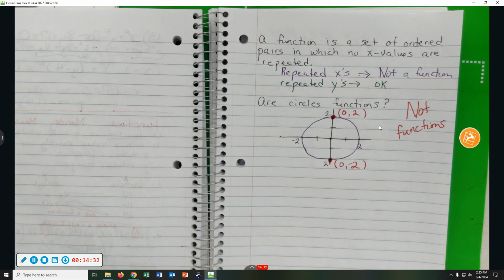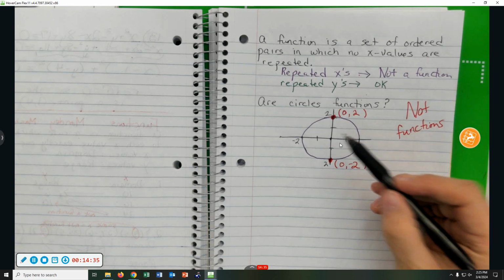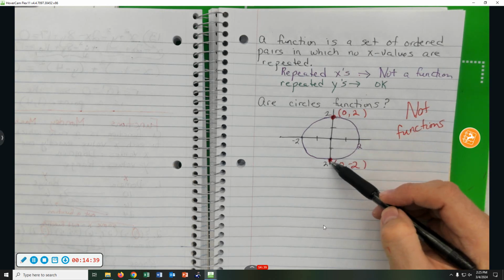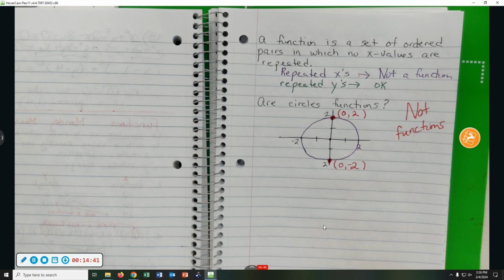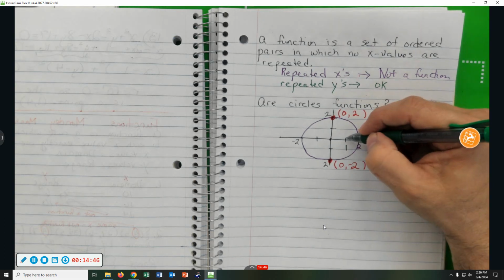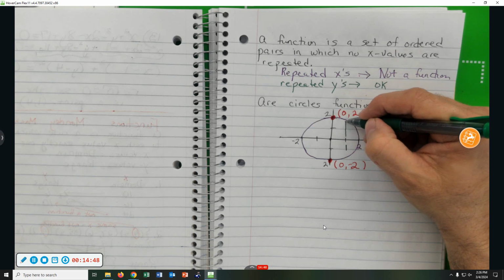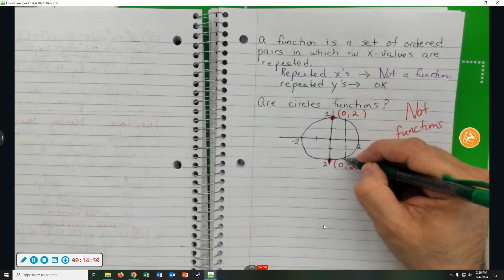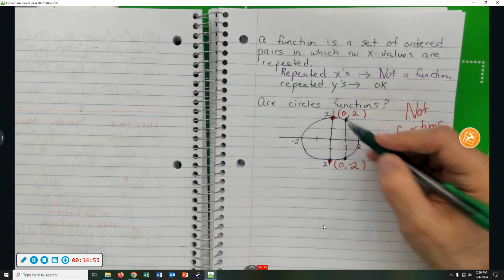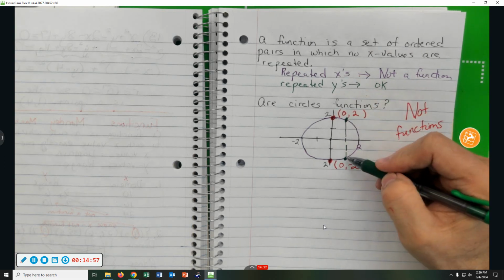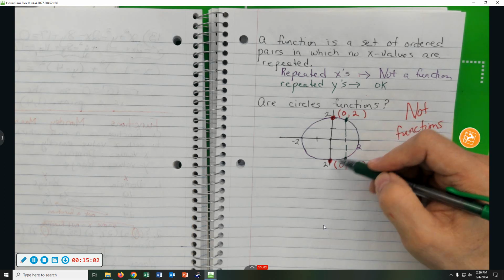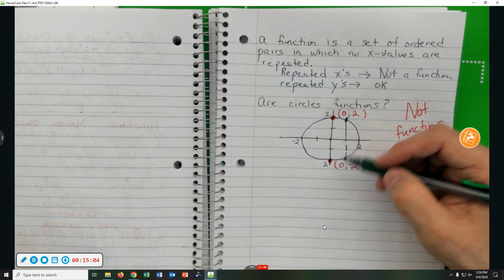And you can see that clearly because where that vertical line intersects the circle, you have the same x coordinate. Now, there's nothing really special about the y-axis. Right here at 1, if we drew a vertical line, see, both of these green dots, the green might look black. It does. Both of these green dots have what number as their x value? 1. One. So once again, repeated x values.